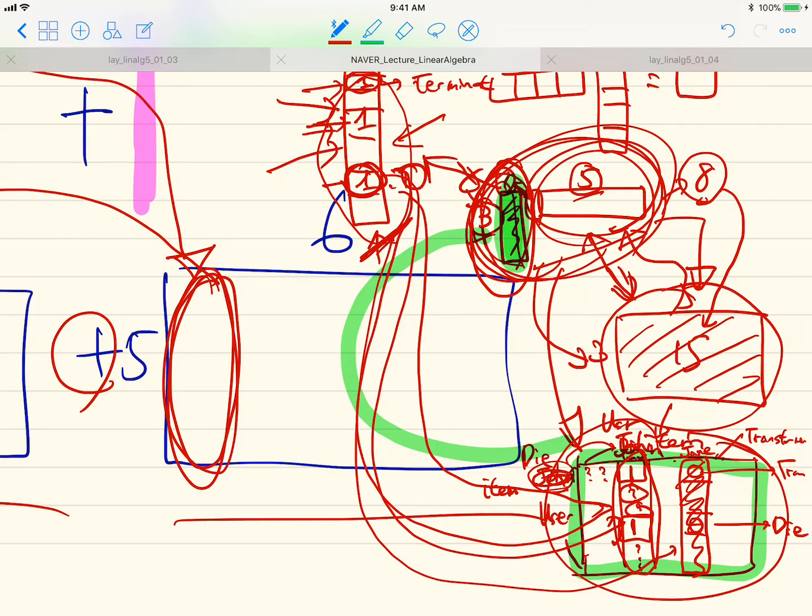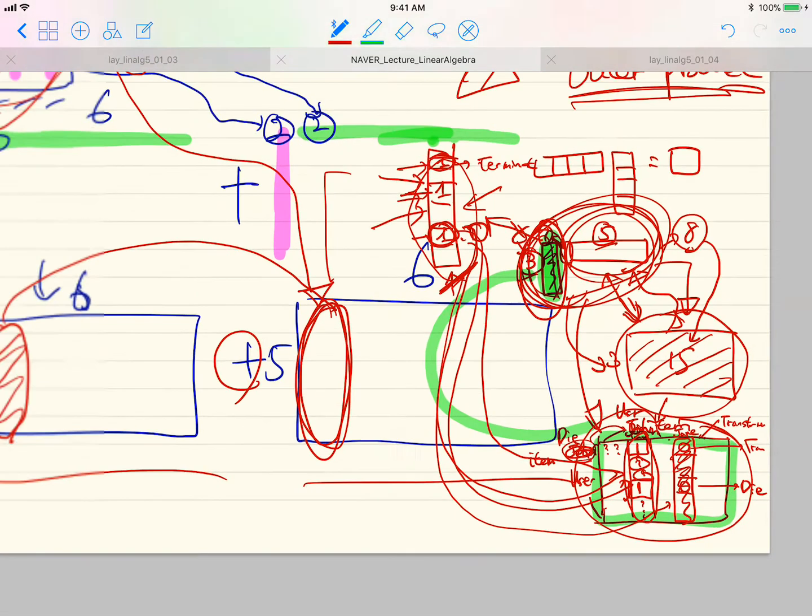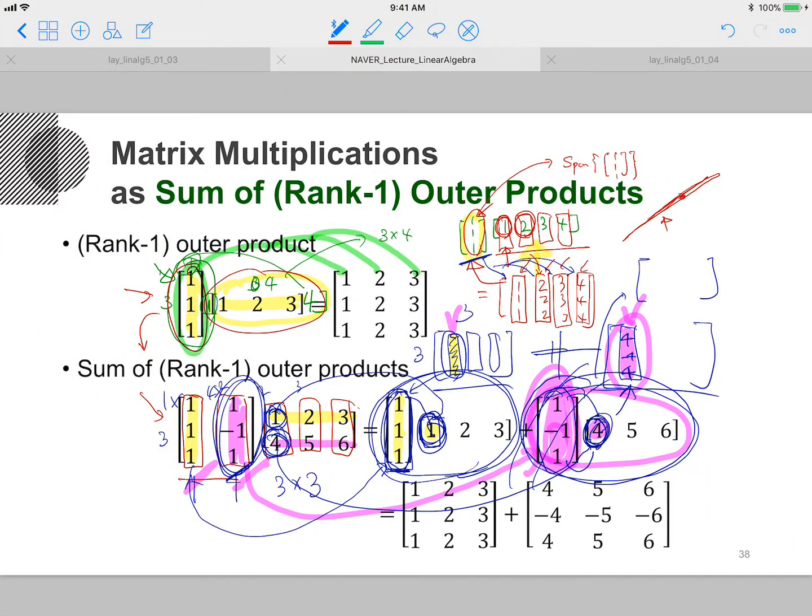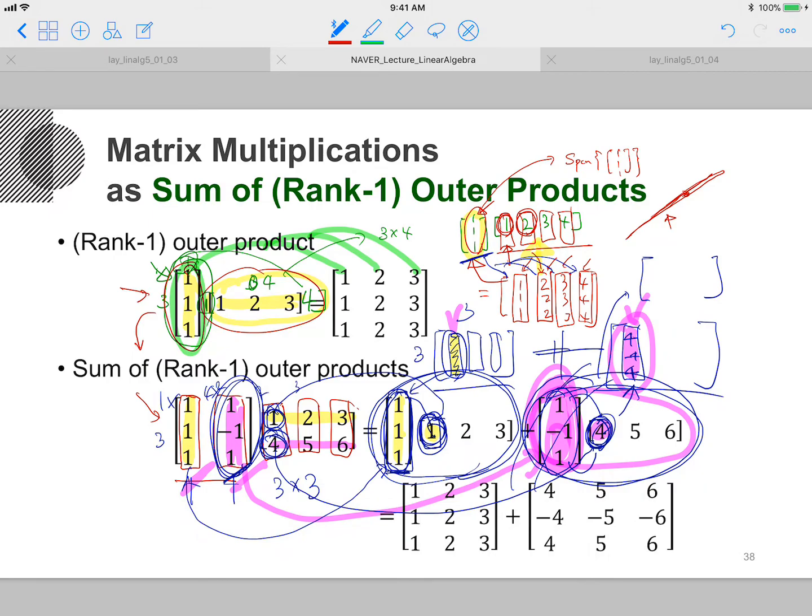And then what if we have another vector? Here, one matrix can be represented as a sum of outer products, but it can also be viewed as the product of two vectors.